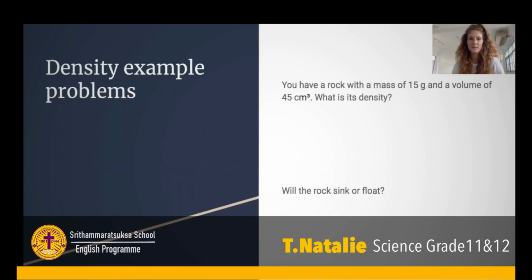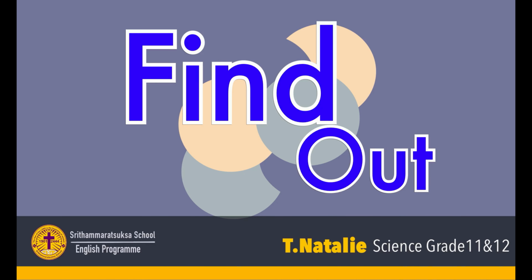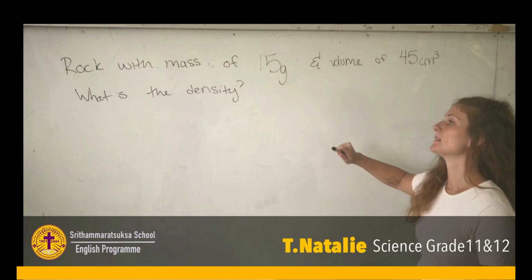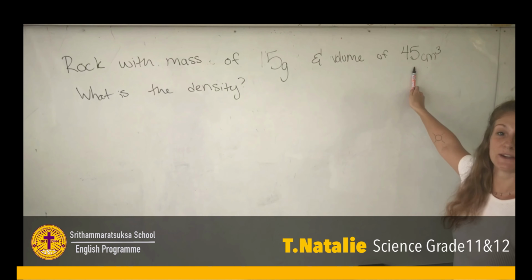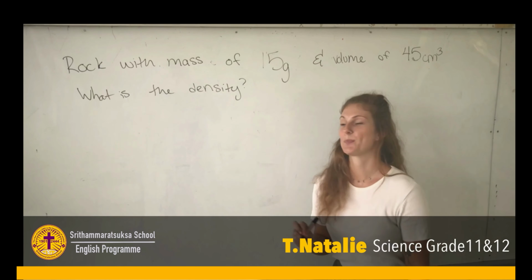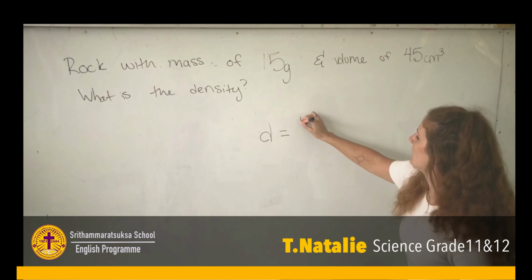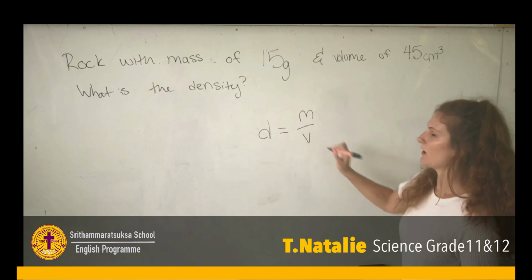Let's look at some example problems. If you have a rock with a mass of 15 grams and a volume of 45 cubic centimeters, what is the density? And will it sink or float? Again, we know density equals mass over volume.